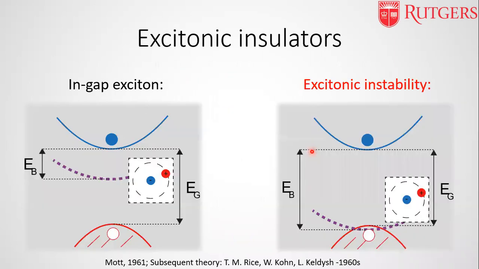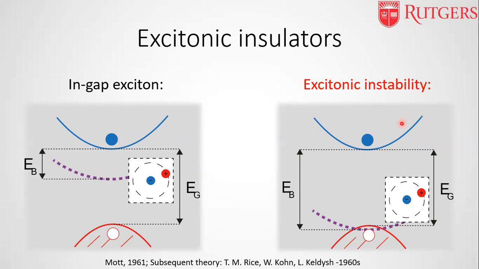So first of all, let me tell you what excitonic insulators are supposed to be. We're all familiar with the concept of exciton, where the attraction between an electron and a hole in an insulator or semiconductor leads to a bound state within the gap, which manifests itself as an intense peak at an excitation energy.